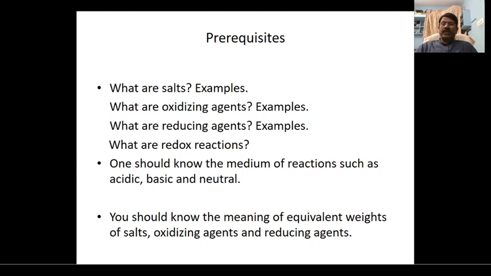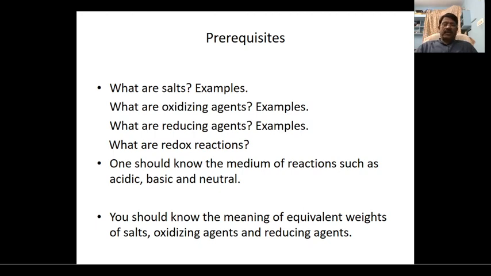What are reducing agents? These are chemicals which can undergo oxidation or which receive the oxygen. Examples, oxalic acid, sodium oxalate, ferrous ammonium sulfate, like that.